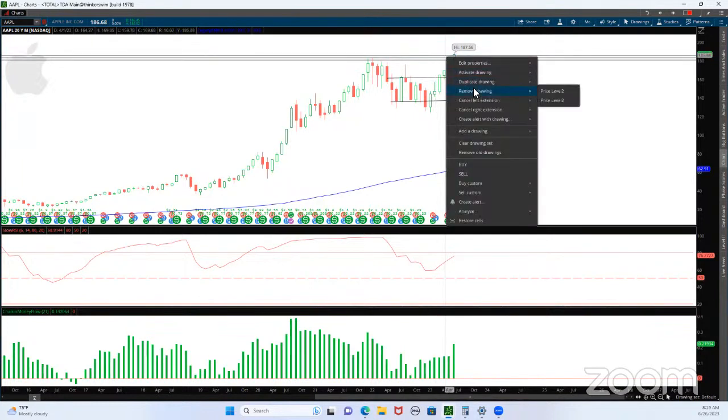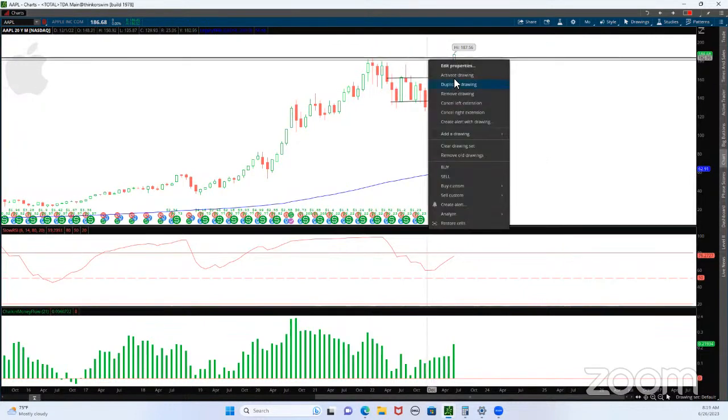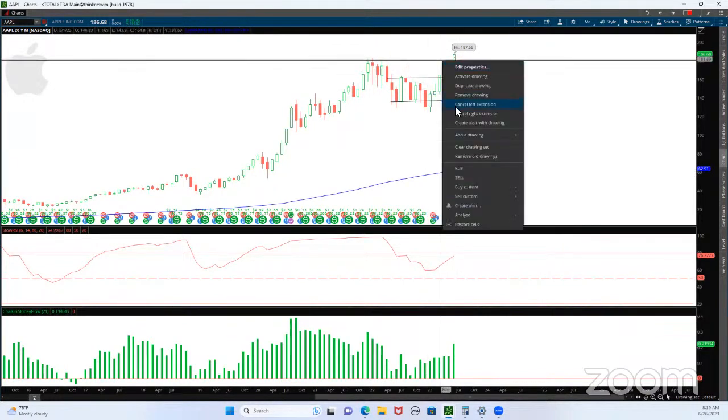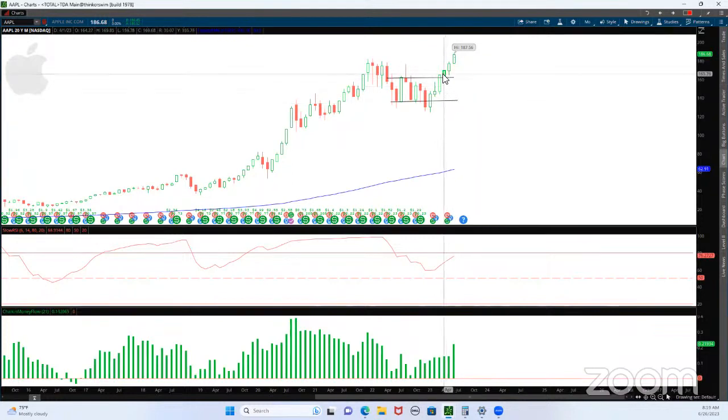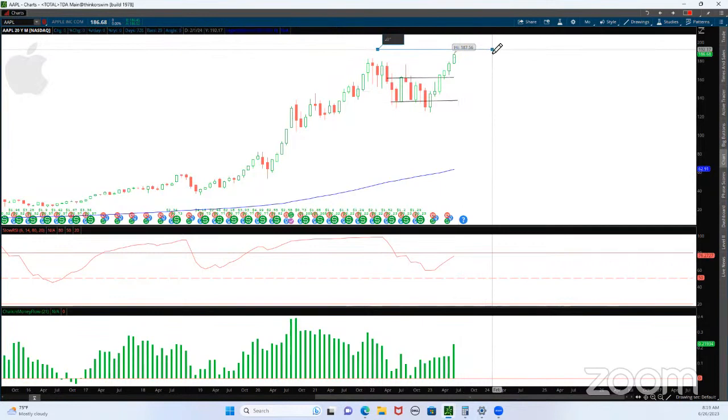We're coming up on the double. So that would be about the time that it wants to reject, and that's just based on the calculation from the previous move. So you got about $30 here, then the next one would be about 190, which we're coming up on. It would be from here to here, right there to right there.